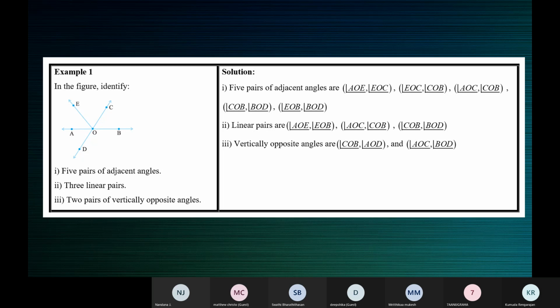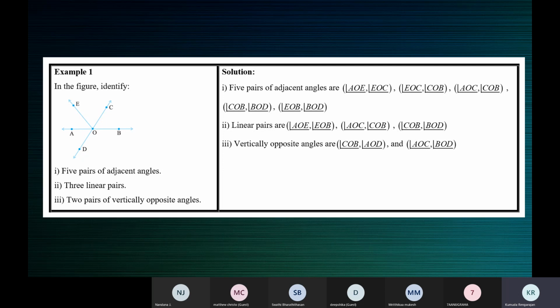So can we say it's collinear points? For example, tell me like this: points P, Q, and R are collinear. Tell me the answer like that. Yes, ma'am. Like that, points D, O, and C are collinear, ma'am.